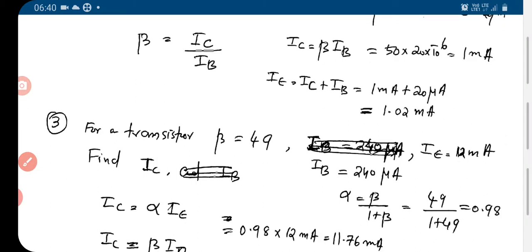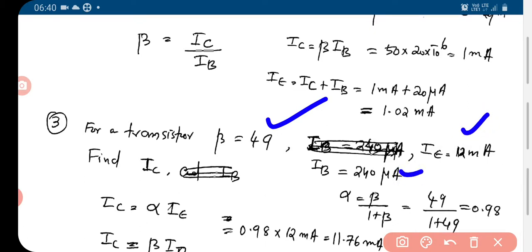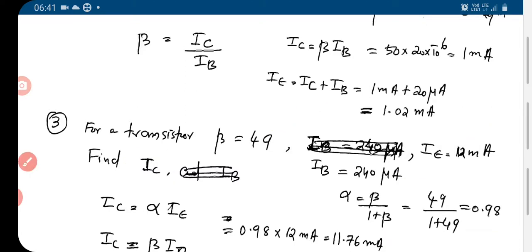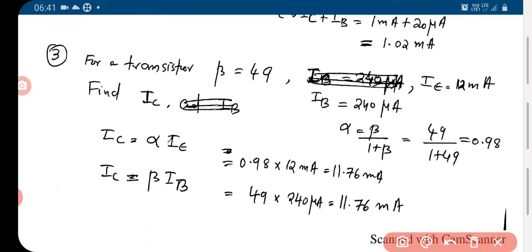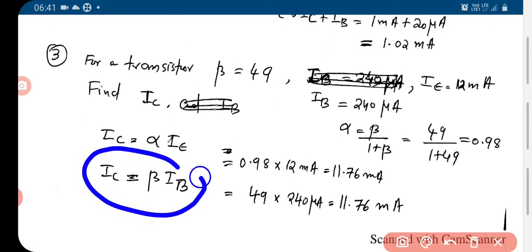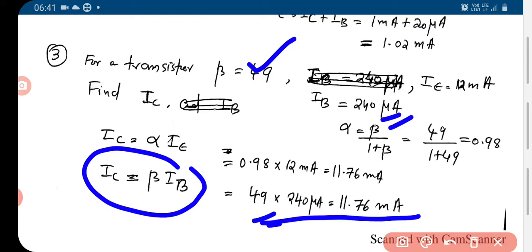For a transistor, beta is 49 and IE is given, IB is also given. We have to find IC. IC can be found using the relation beta IB. Beta is given to us, IB is given to us, so we can find IC.